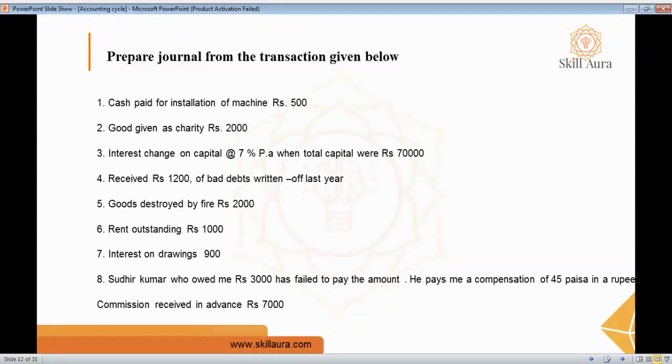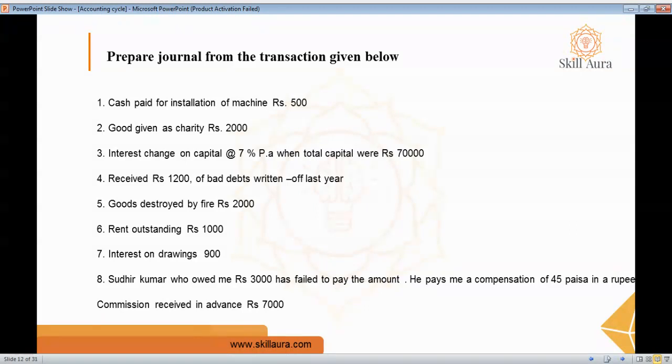When we debit the cash amount that Sudhir Kumar paid, 45 paisa, we also debit the compensation expenses account for the compensation, which is 90% of the original amount. That will be 90% of 3000, which is 255 paisa. We'll calculate the paisa here.